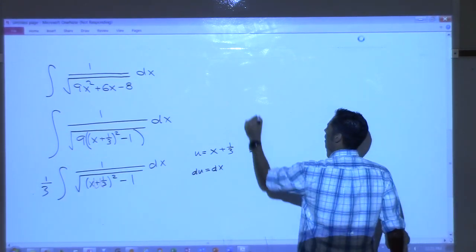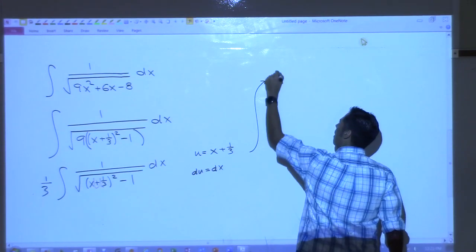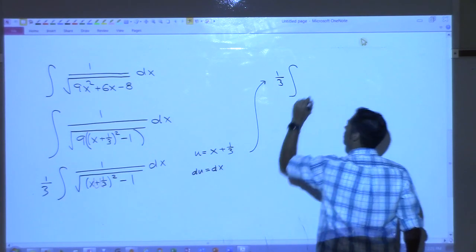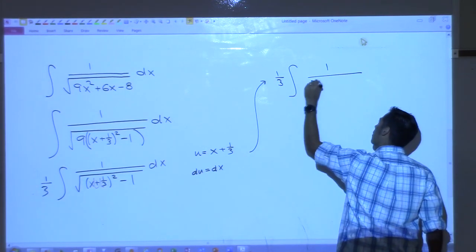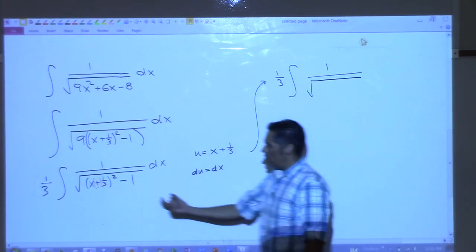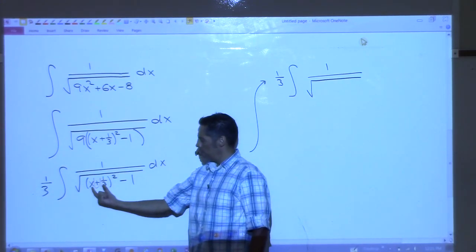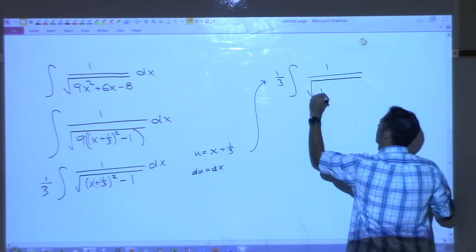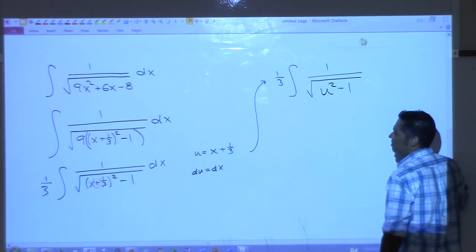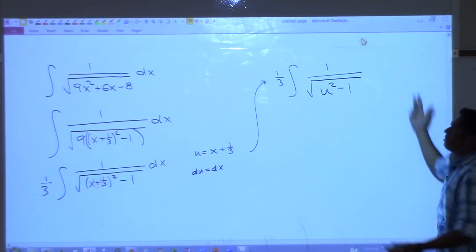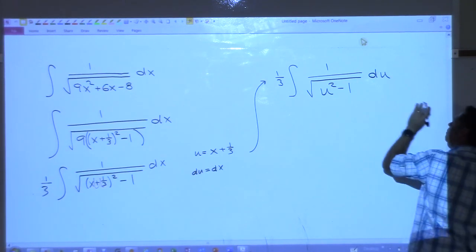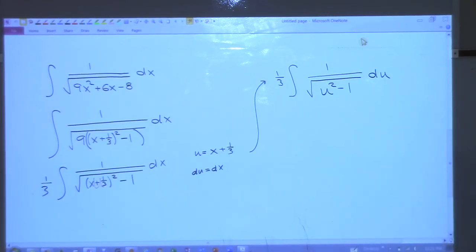I'll still have 1/3, still have integral, still have 1 over the square root. But instead of this thing squared, it's u squared minus 1, and instead of dx, it's du. Okay, big deal. Nothing really changed too much with that basic u sub, just cleaned it up.